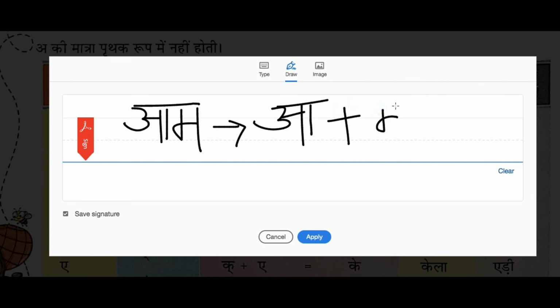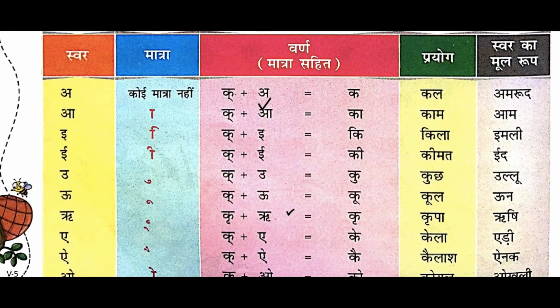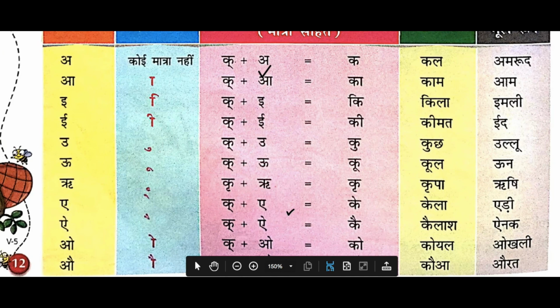Ma is a vyanjan and ma doesn't have any matra, so it will be simply ma plus halant plus a. So this is am. Hope it's clear with you, and you can just go through this all.